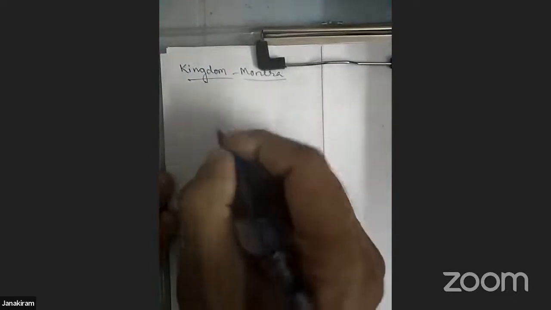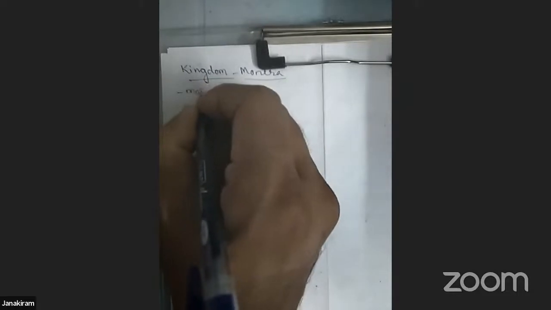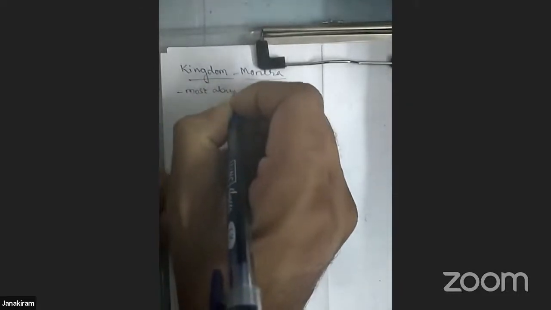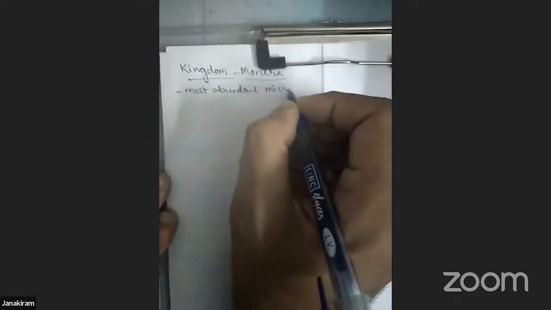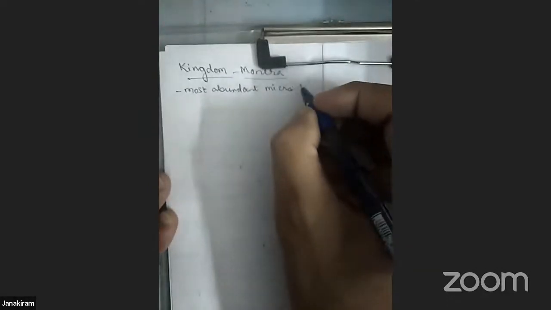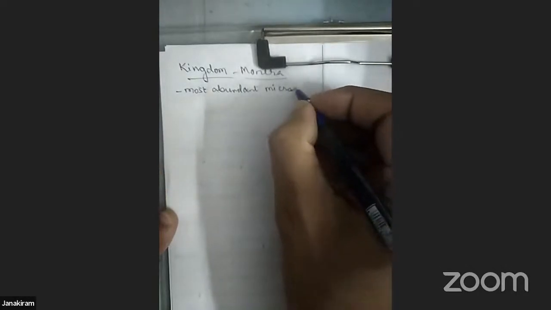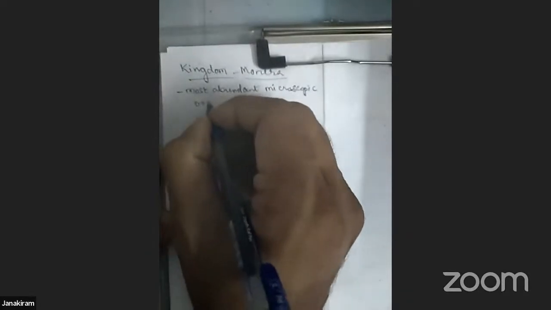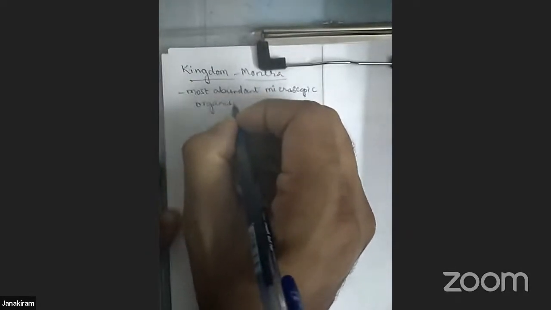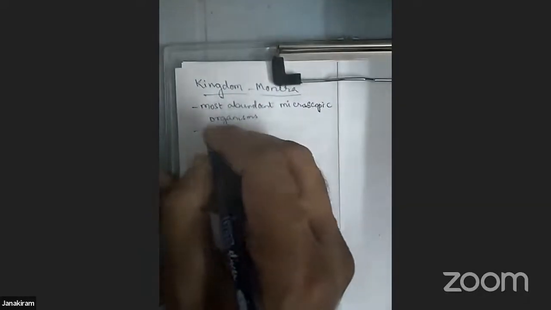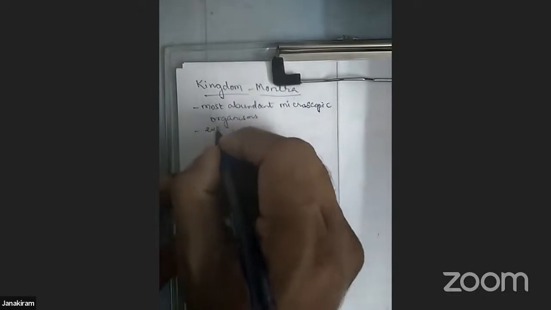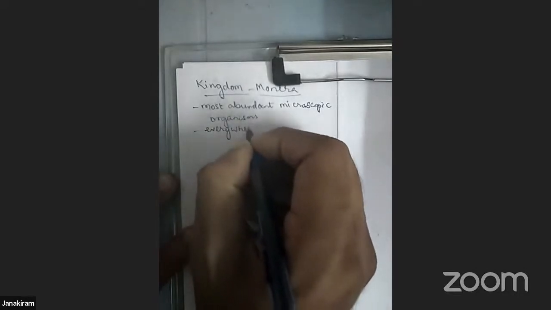Okay, then they are the most abundant microscopic organisms, that means their number is very high, and they are microscopic in their nature. And they are present everywhere.